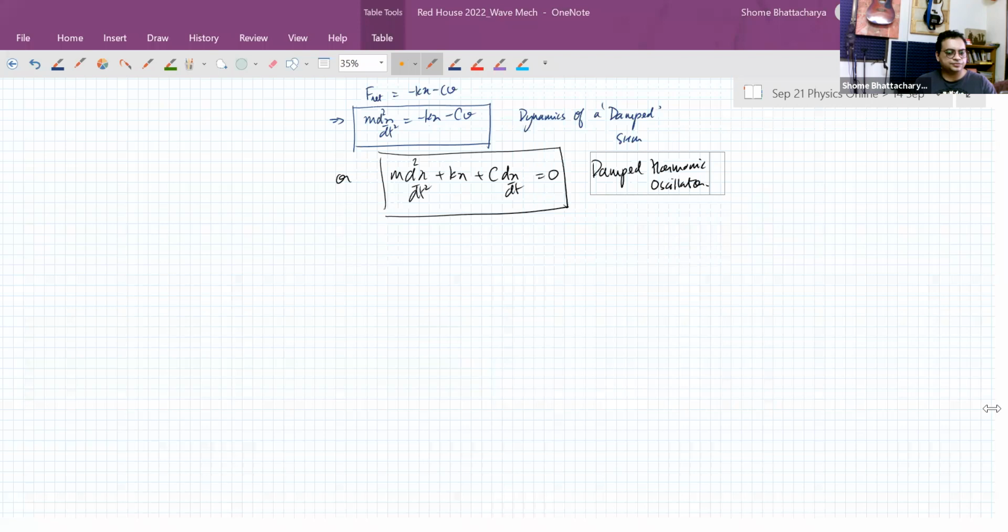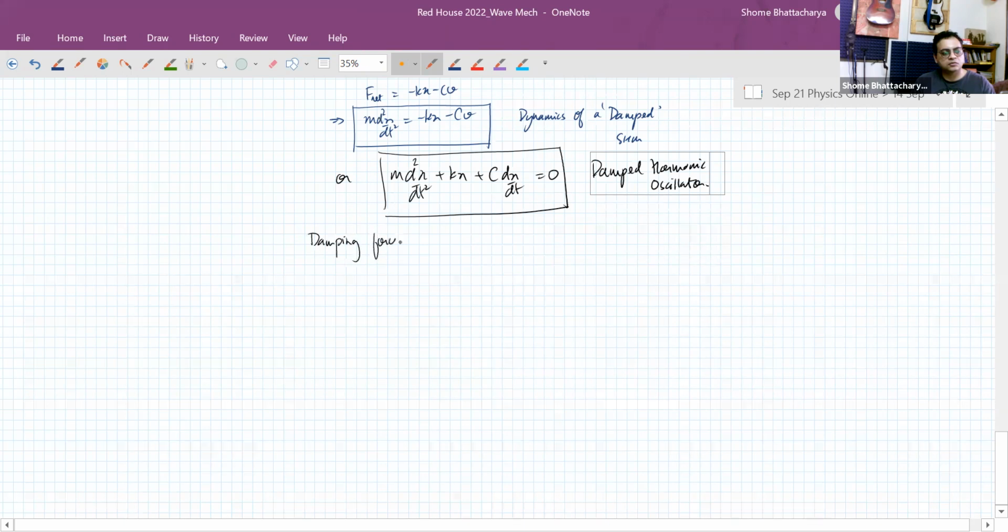Okay, so in the analysis, the first term that we'll define for this kind of equation is the damping coefficient. So two terms we'll define. Of course, we have seen one before, the damping force. It is minus cv or minus c dx by dt.